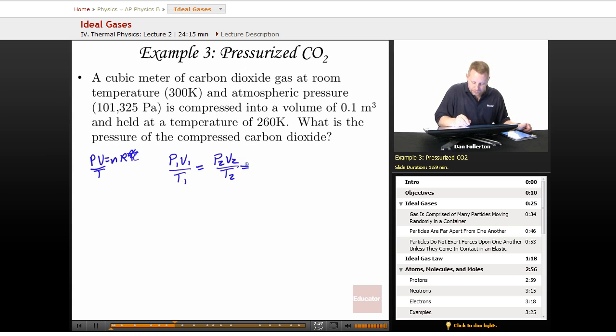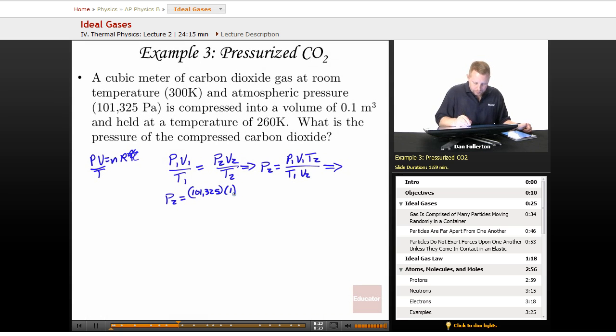And since I want pressure 2, I can rearrange that to say that pressure 2 equals P1 V1 T2 divided by T1 and V2. Now I can substitute in my values. Pressure 2 equals, well, pressure 1 is 101,325 pascals.